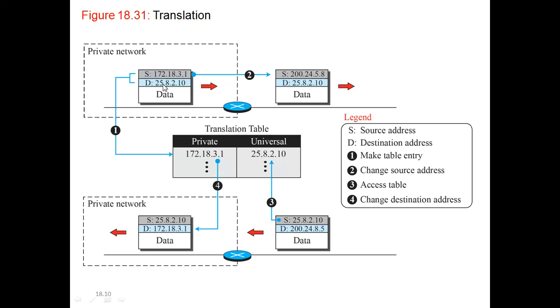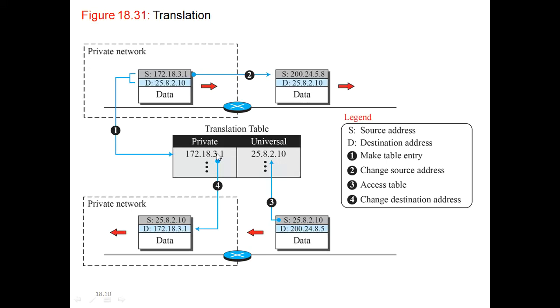This is the source and this is the destination. Here, how it reaches the destination, you can observe. The source address and destination address are taken and a table entry is made. So 172.18.3.1 is the source address.